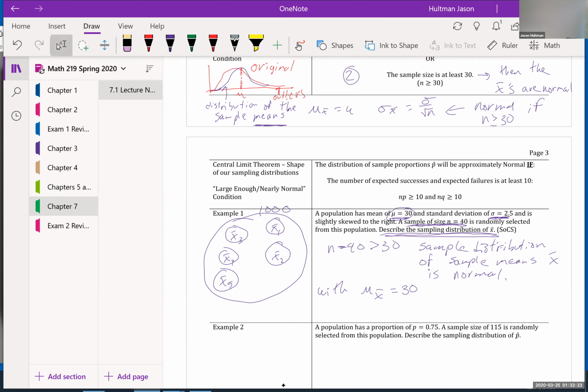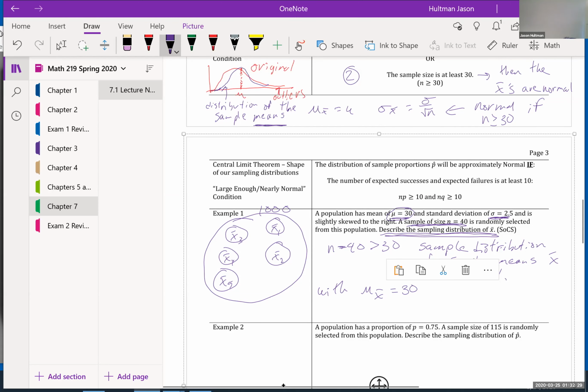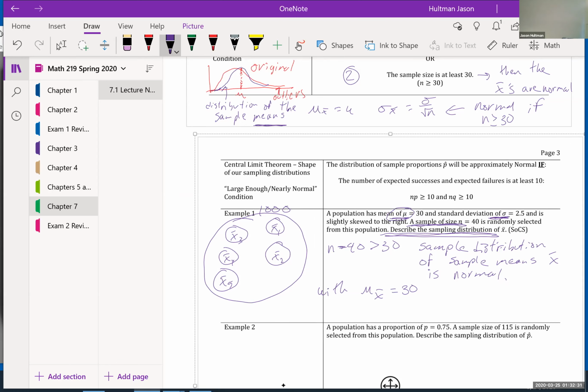Okay. And what is the standard deviation of the sample means? Well, it's the standard deviation of the sample, which is 2.5, over the square root of the sample size.